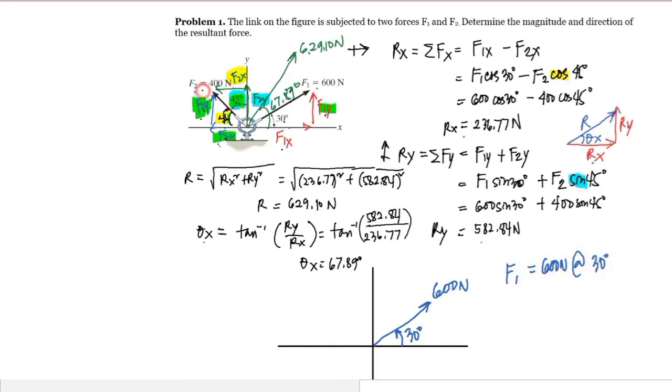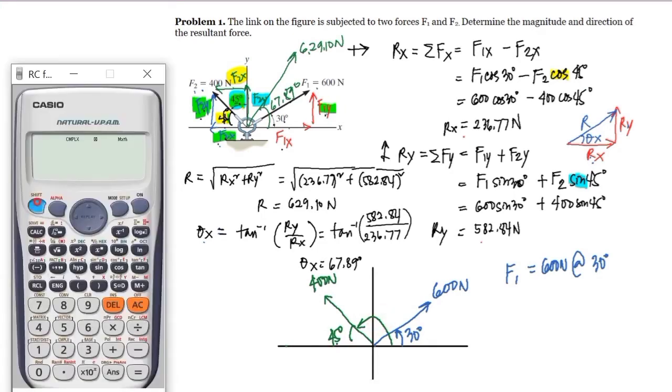Now, for this force 2 here, it's 400 Newton. So we have here force 2, that is 400 Newton with a direction of 45 degrees from this horizontal. Since we need the standard angle, the standard angle for this is equal to 180 minus this 45.